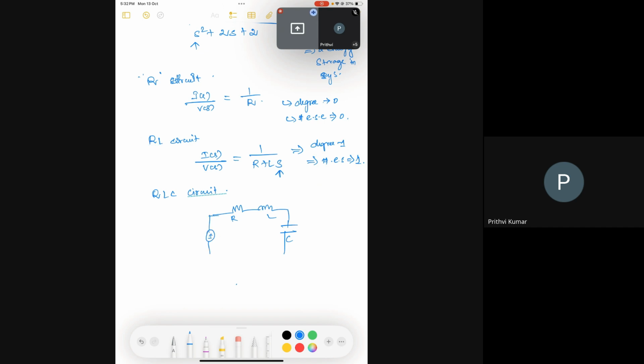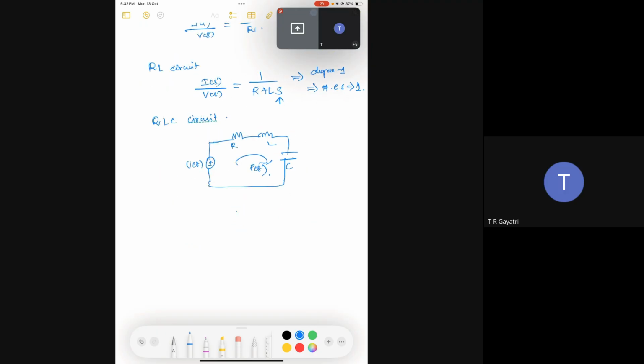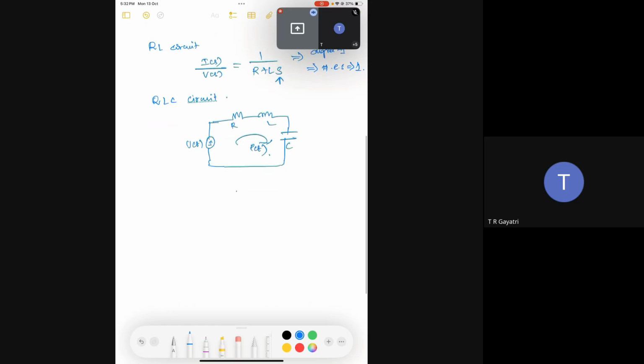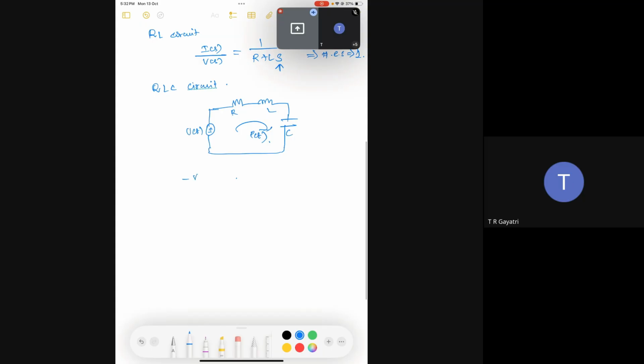Is C an energy storage element? Yes, ma'am. Okay, then the order will become 2. There will be an inductor and a capacitor, so 2 will be there.